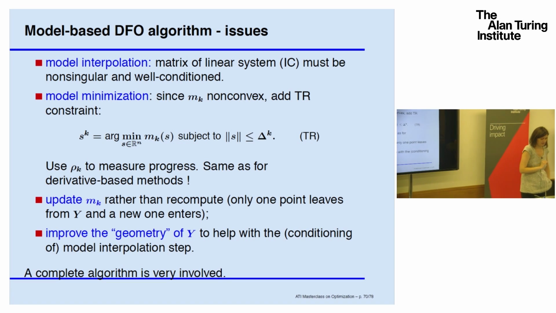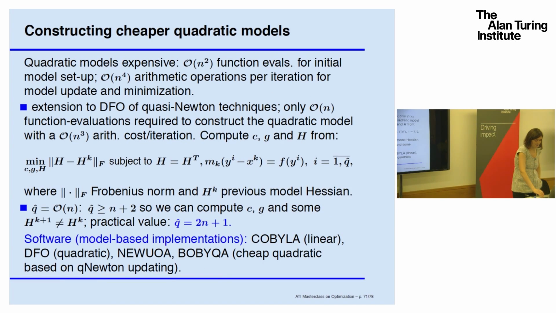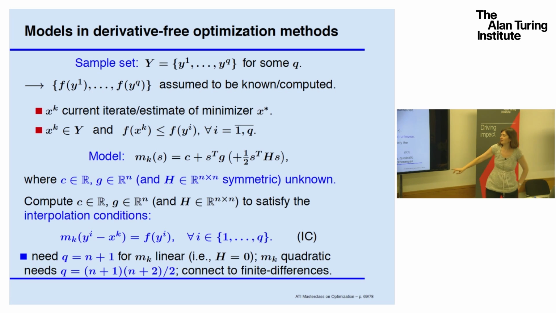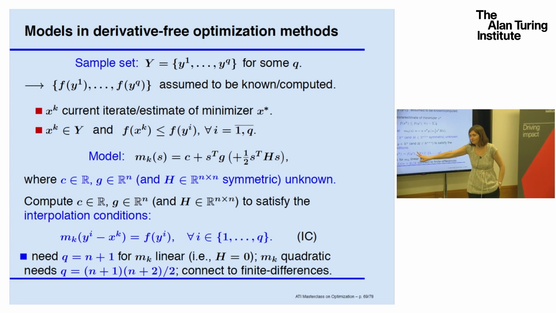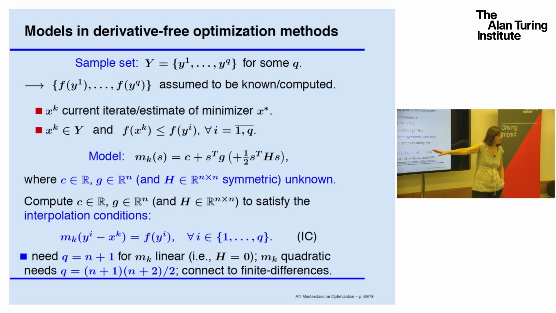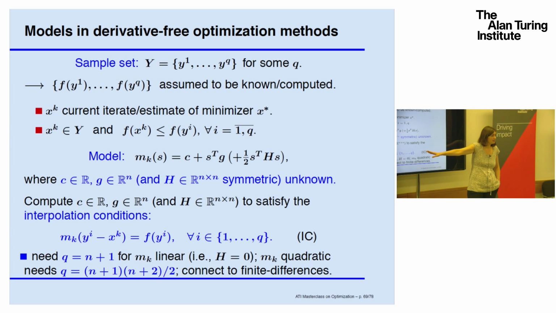So I have this issue that I have to constantly monitor the geometry of my interpolation set. Going back to my slides, this is a linear system, right? The matrix of this linear system has to be well defined and non-singular for me to be able to interpolate. This is definitely something I have to secure in each iteration, but this is doable.